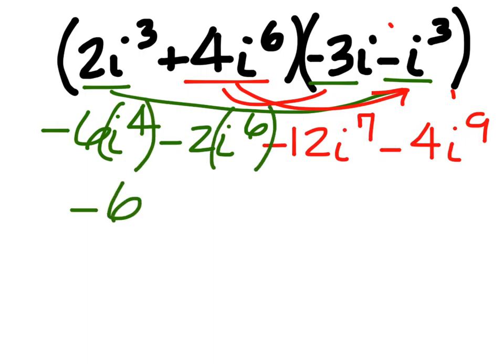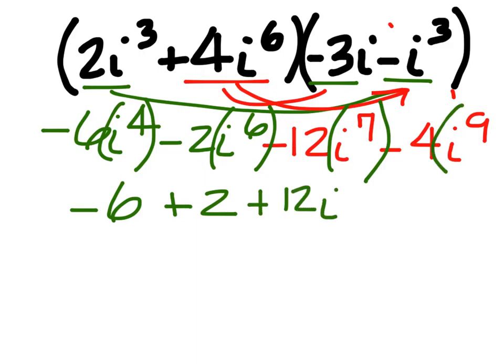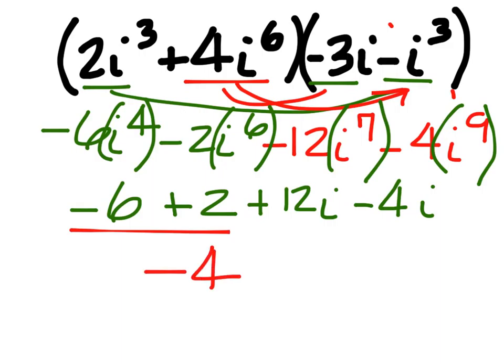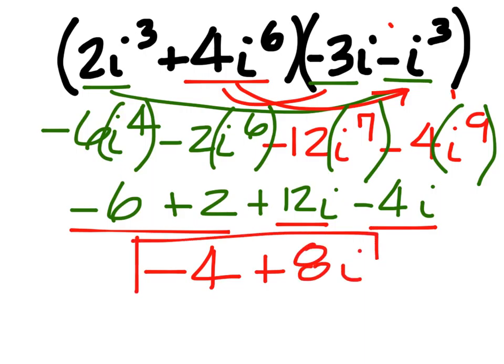That's a negative 1, so we get a plus 2. This is a negative i, so the double negative makes it plus 12i. And this is i, so it's minus 4i. We have negative 6 plus 2, which is negative 4, and 12i minus 4i is 8i. Negative 4 plus 8i.